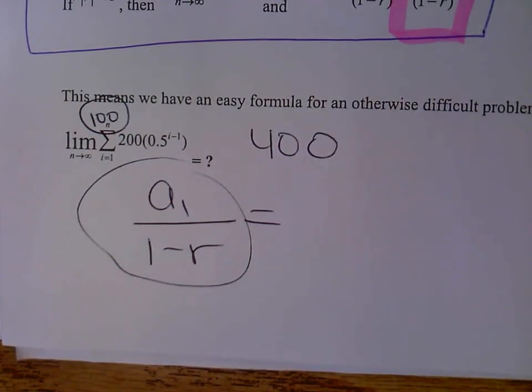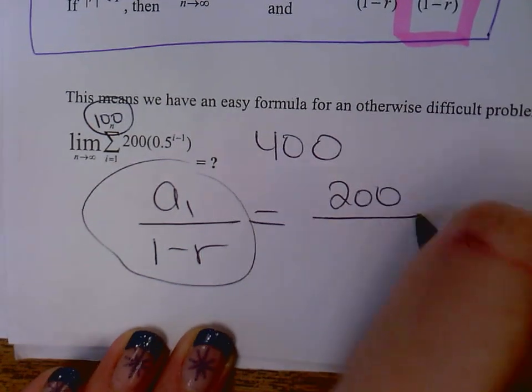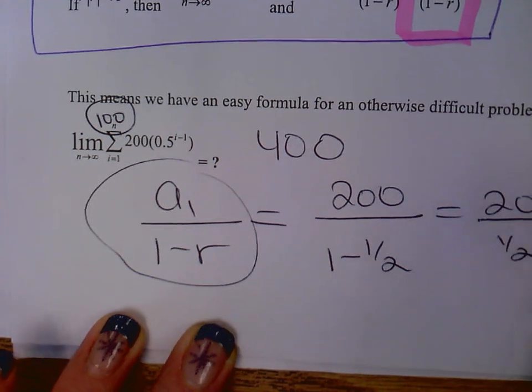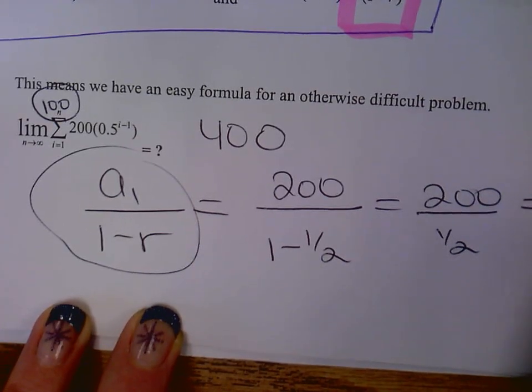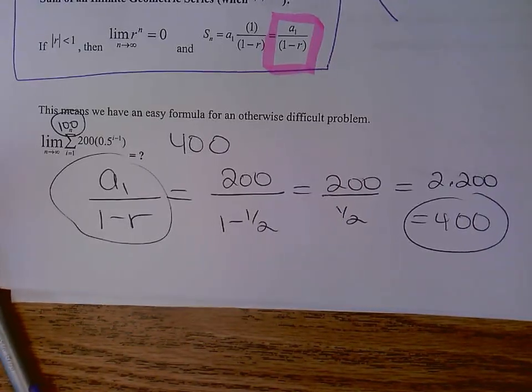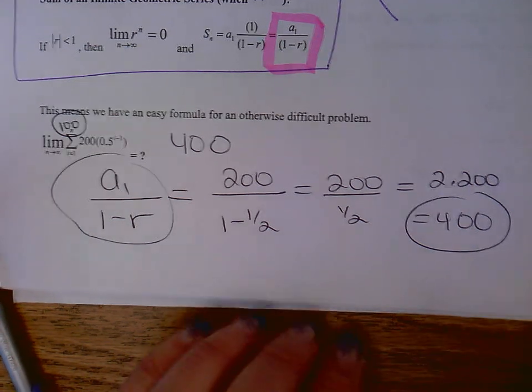So you want to write down that you plugged in 200 over 1 minus 1/2, so that when you're looking back at this today and tomorrow, you're going to take 200 over 1 minus 1/2. 200 divided by 1/2 is 2 times 200. So I get exactly 400. I'm going to show you a couple more examples of this, how if you do it on the calculator or if you do it using the formula, you'll get the same answer. I'll leave that up for just a second.